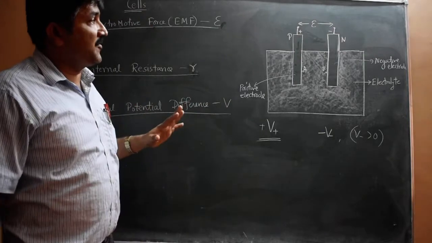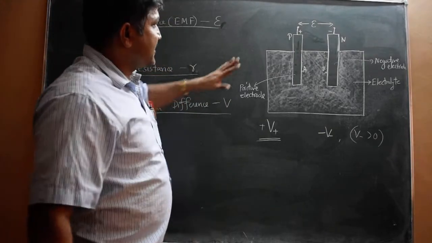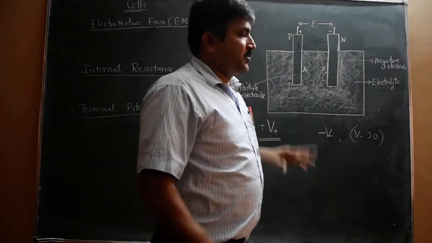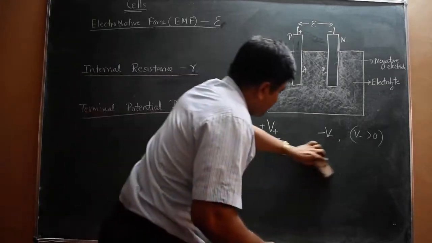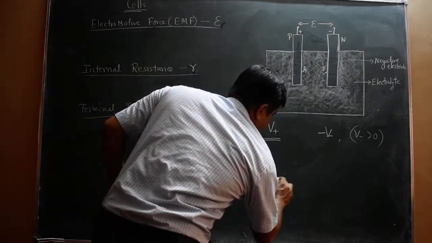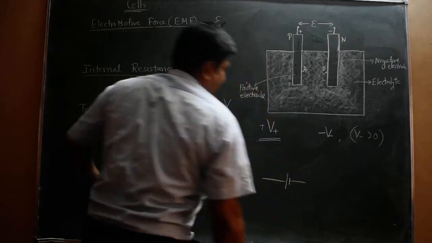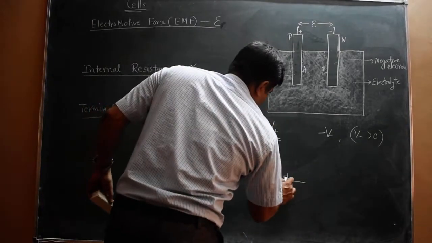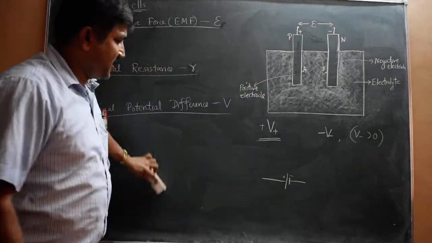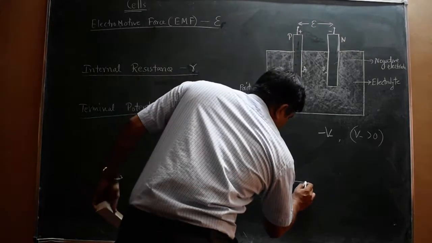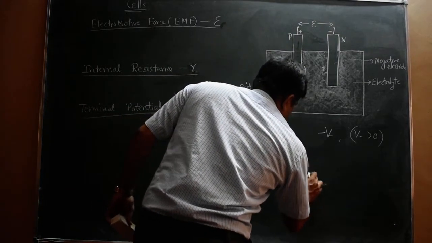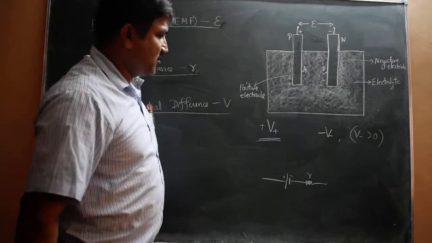Terminal PD of a cell is what? Now this is a cell in open circuit. The symbol of the cell I can write like this: the positive and negative electrodes. Normally we show it like this in the books, but actually we can show the internal resistance also.